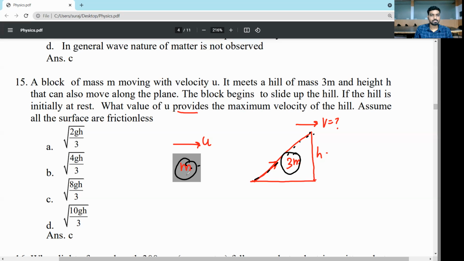So you can write like this. Initial kinetic energy will be how much? Half m u square plus 0 should be equal to the final kinetic energy, which will be half, m is how much here, 3m v square.